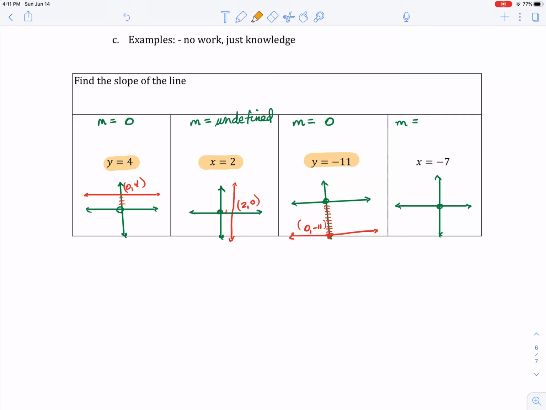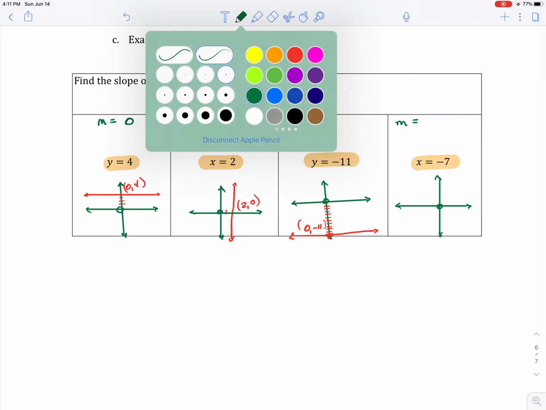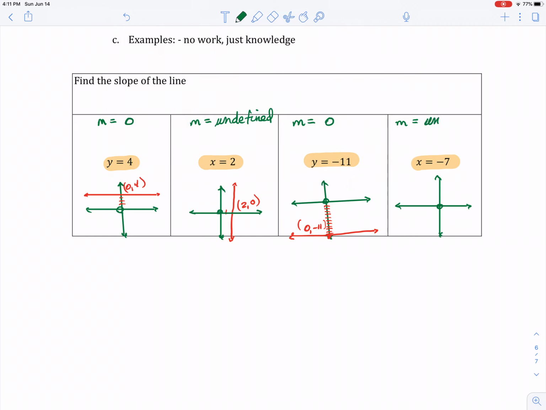And this last one has only the variable x, and so I know that that slope is going to be undefined. Again, if you have all this memorized, you don't have to waste a lot of time trying to think your way through something. And I know that this graph is going to be 1, 2, 3, 4, 5, 6, 7, a vertical line back here at x equals -7.